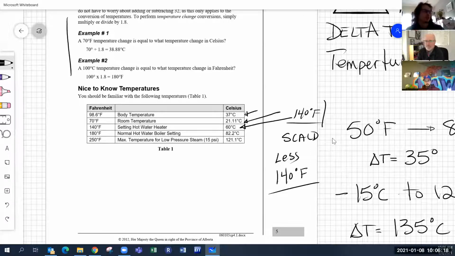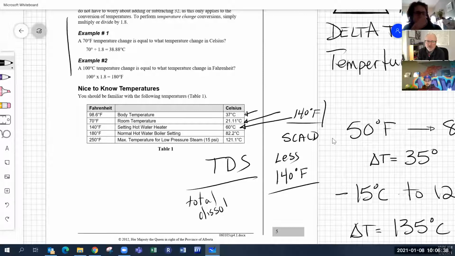Doesn't the 140 also have to do with TDS? Total dissolved solids? Like, doesn't it have to do with settlement in the tank? TDS is total dissolved solids. There is a little bit of theory behind that, and that is where scale will start to settle out.